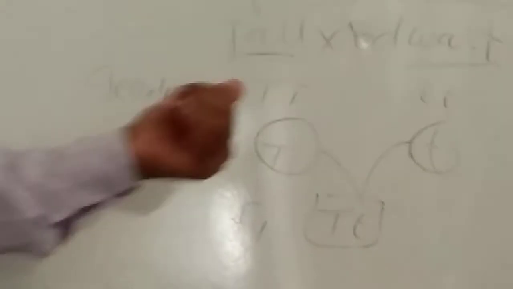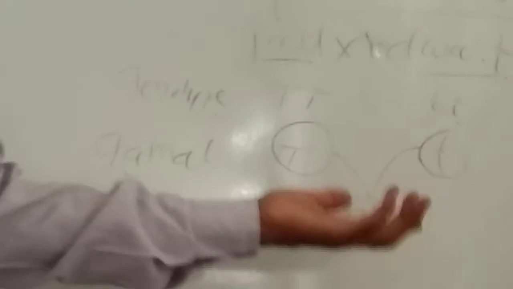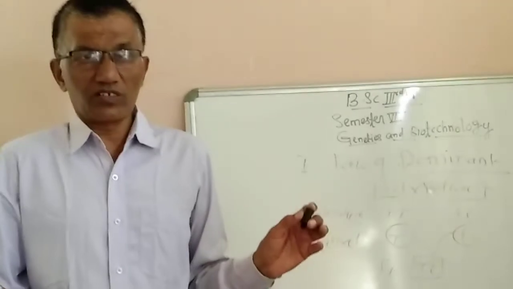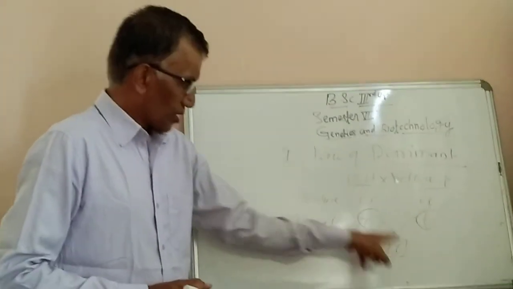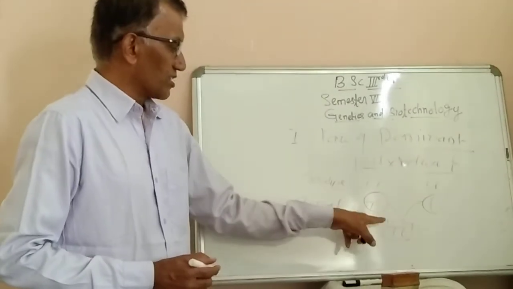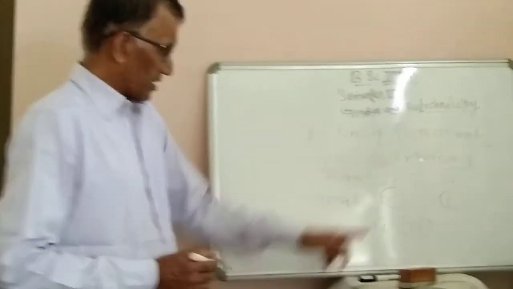While crossing, after sowing the seeds of these plants, in the F1 generation, first filial generation, he observed that instead of getting tall and dwarf plants, all the plants were tall with respect to height. Suppose the genotype of all these plants is capital T small t.